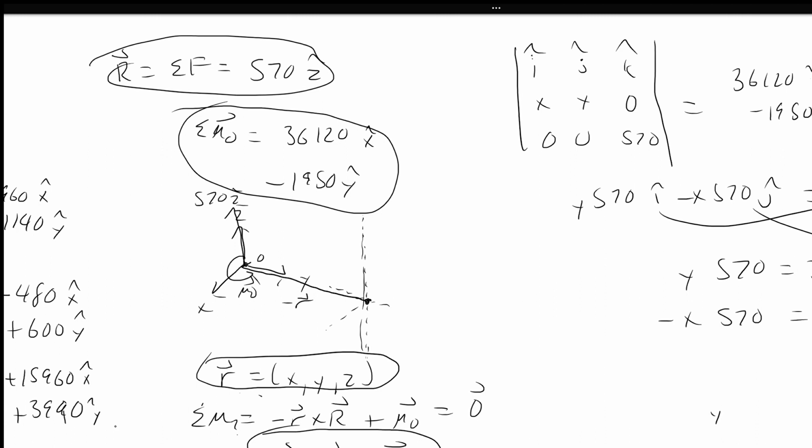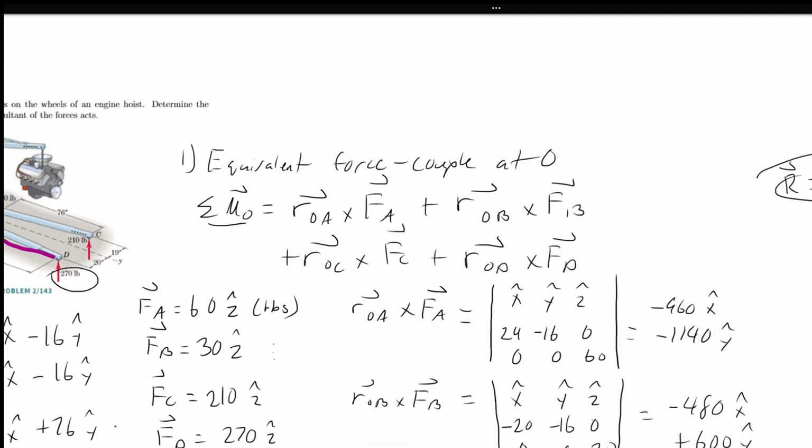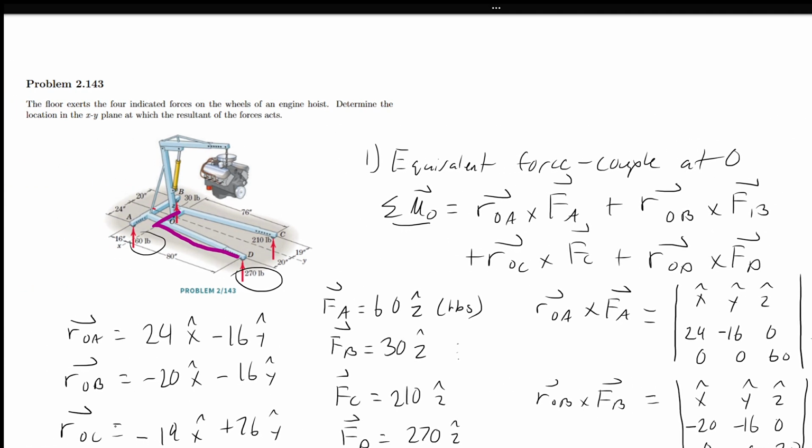Alright, y, no! 63.4 inches. X is equal to 1950 divided by 570, 3.42 inches. So that kind of makes sense if we look back at our figure, right? Because the line of action of all of these forces should be way over here in the y direction, and then just a little bit over here in the x direction, somewhere like right here.